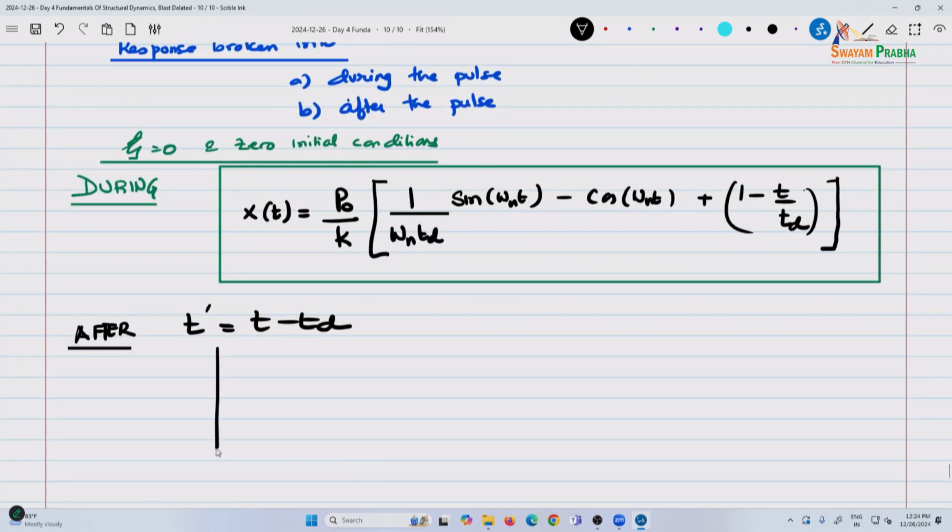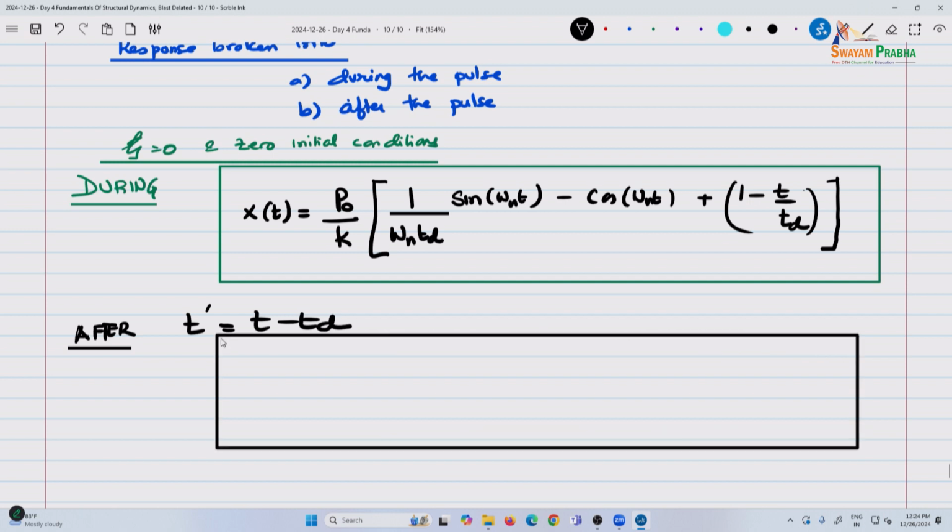So, expressing this, x of t prime has initial conditions: x at t prime equal to 0 is equal to x of Td from here, and x dot at t prime equal to 0 is equal to x dot of Td, again taking the derivative from there.